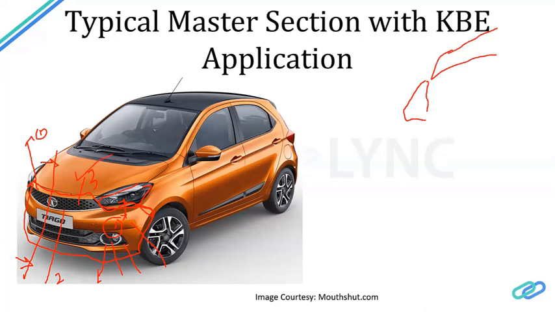I'm talking about this part, and then there is a grill here which is coming. And then there is this decorative strip which will come here, and then there is a bumper which comes here. Please forgive my sketching skills, because with the help of a mouse I'm trying to create as much as possible. So this is the grill itself. This is the black grill I'm talking about.